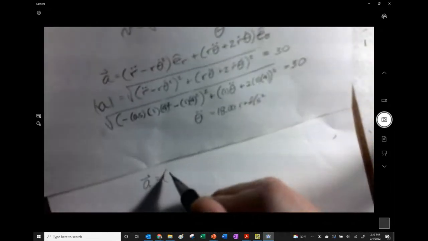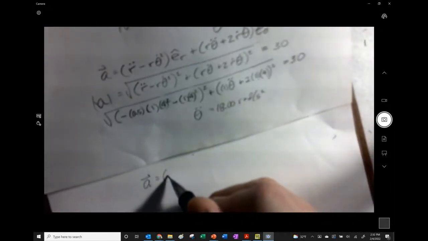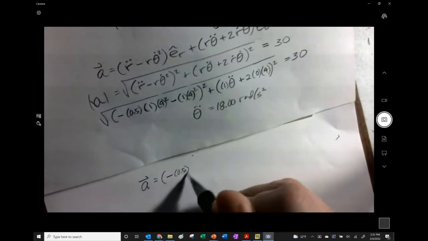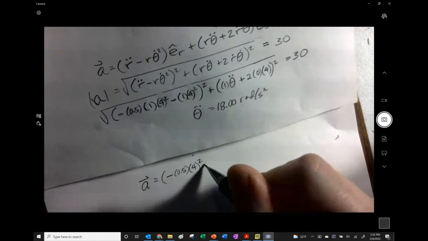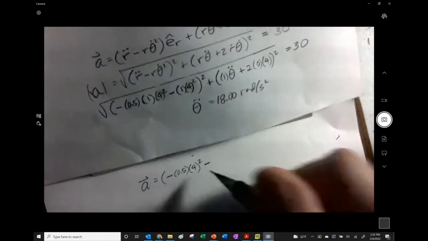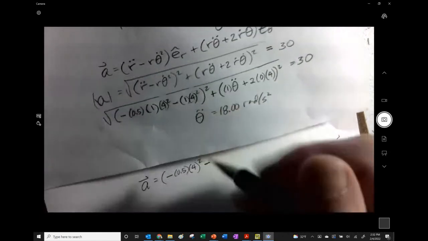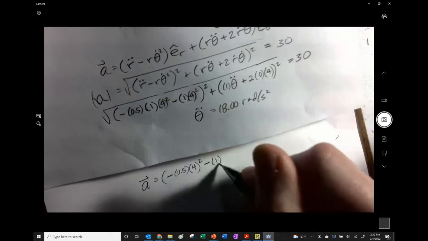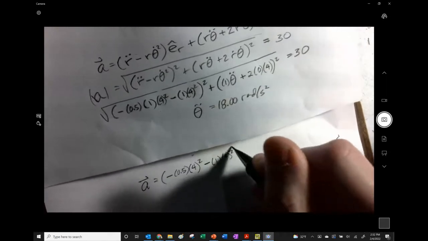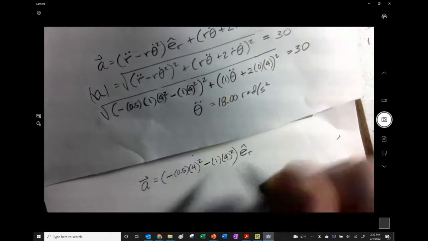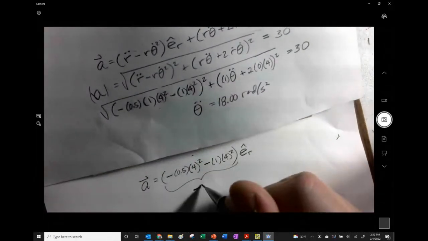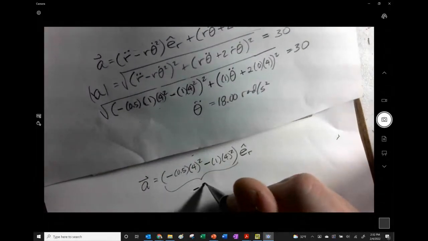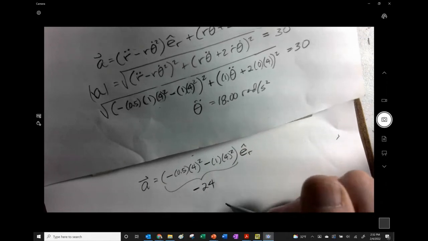So I can have r double dot was negative 0.5, and it's 4 squared, minus r theta dot squared, 1 times 4 squared, right there. So that's going to be the e_r component. And if I'm correct, I believe that's going to be negative 24, right?